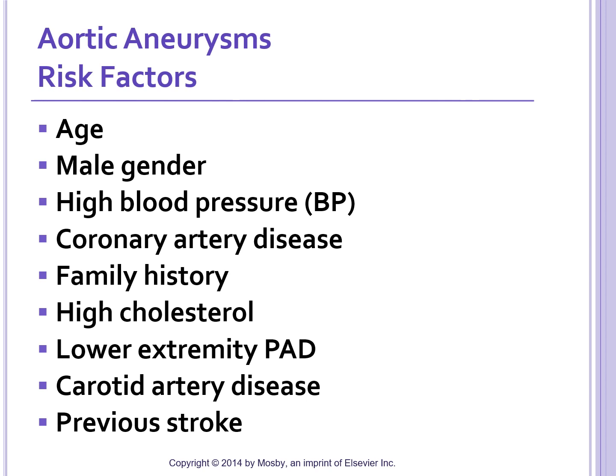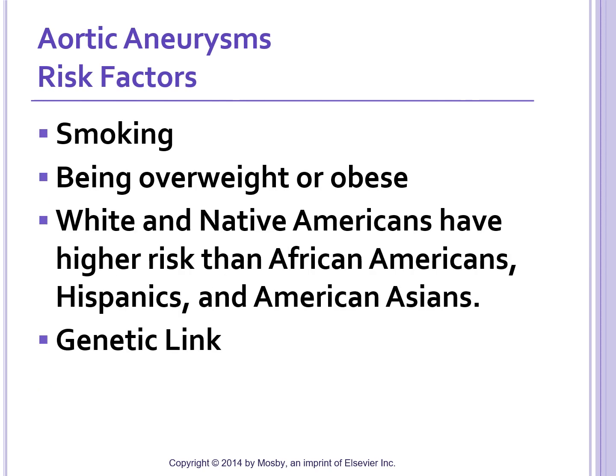All of these things kind of play a role with each other. And let's not forget smoking. Smoking carries a risk factor for lots of different things. And as I said before, there's a fairly large genetic link, especially connective tissue disorders, such as Marfan syndrome, because it affects the connective tissue that's needed for strength and flexibility.